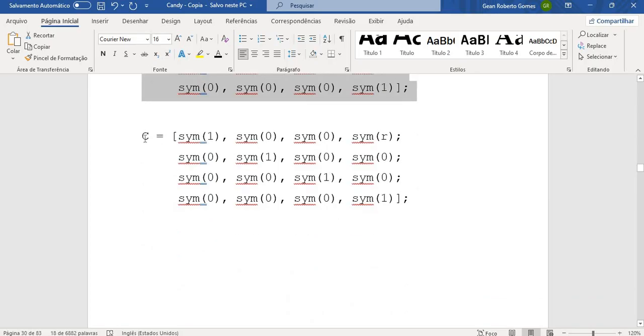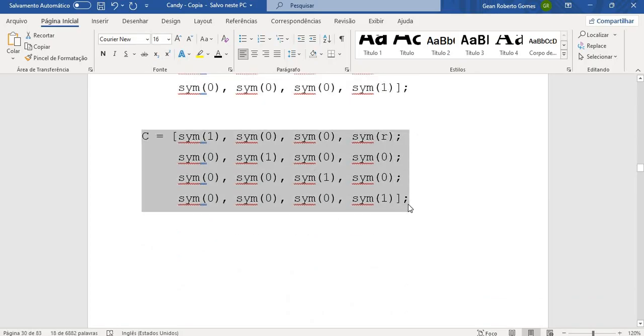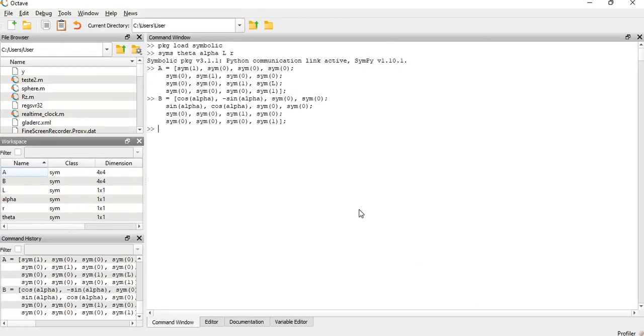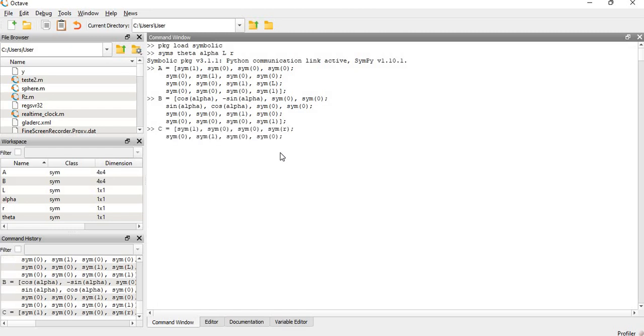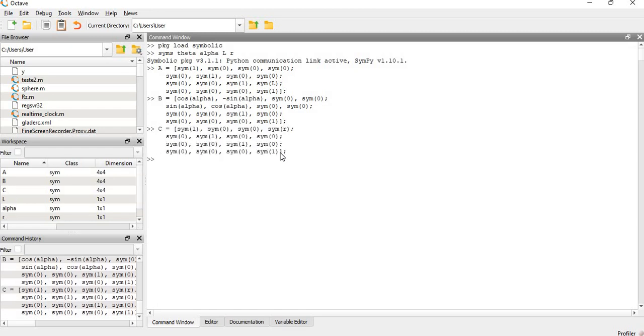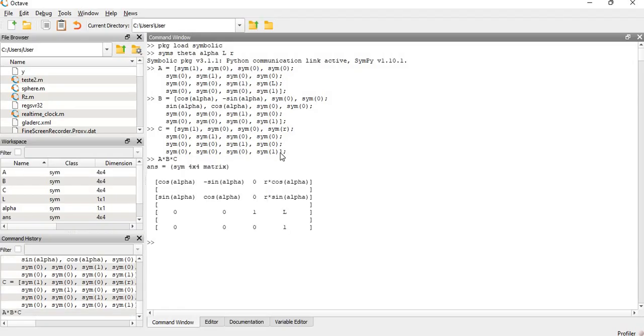In the matrix C. Now we have to do the multiplication between them. C times A times B times C. And let's see what we get. And that is correct.